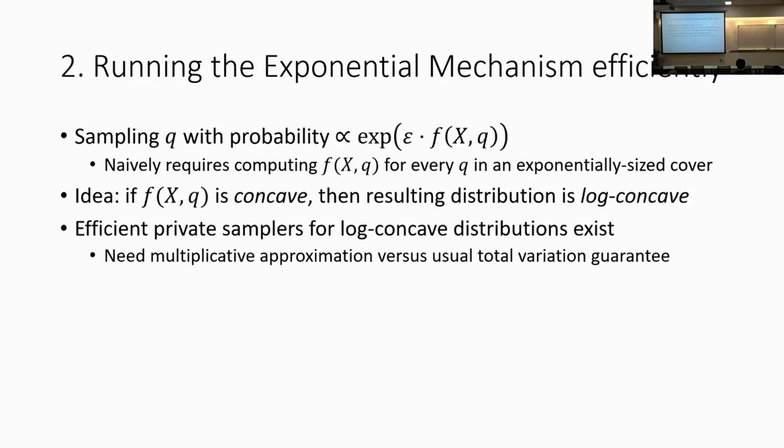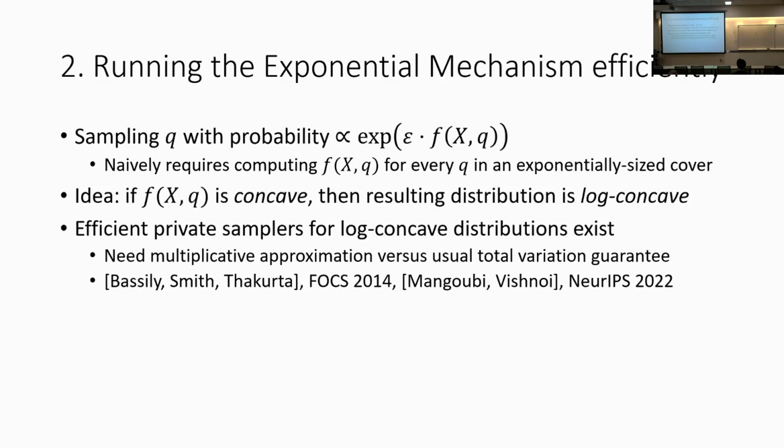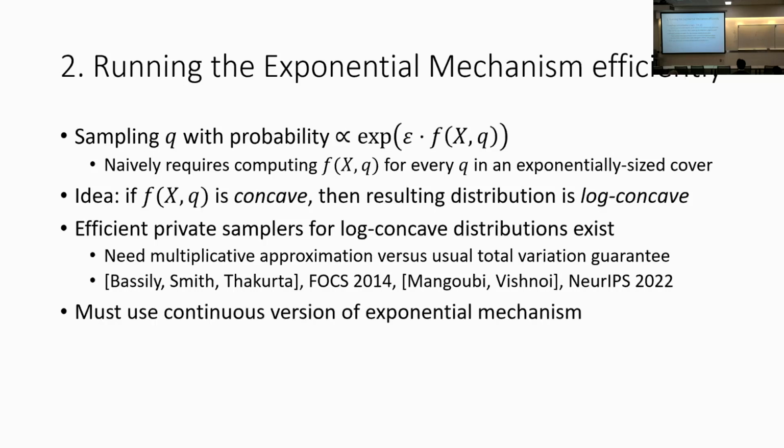We need a multiplicative thing for the definition of DP. But fortunately, this was handled by Basili, Smith, Vikurta and also some recent work by Mangubi and Bishnoi. Effectively, instead of naively computing the score function for everything, because there are exponentially many, we can use some of these tools for efficiently sampling from log concave distributions. There are some other minor technical things which I'm not going to get into, but that's the main idea.